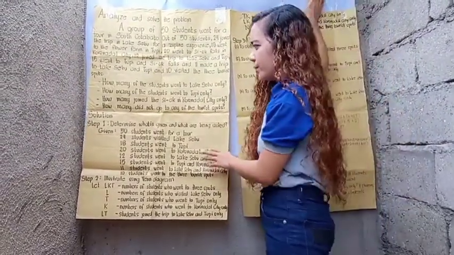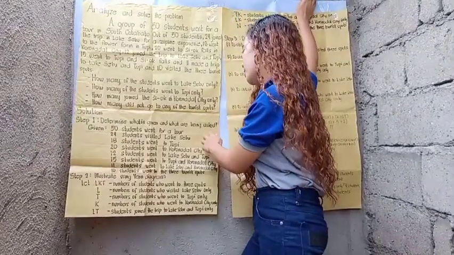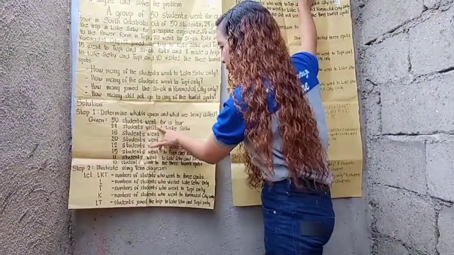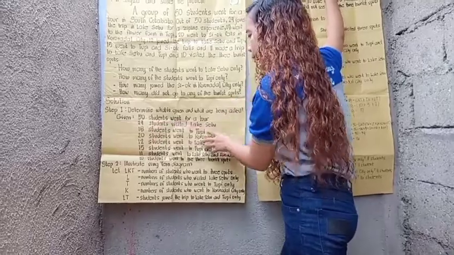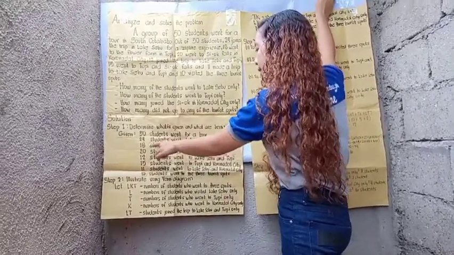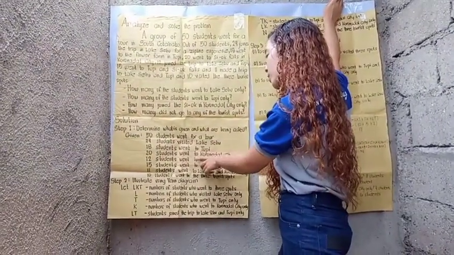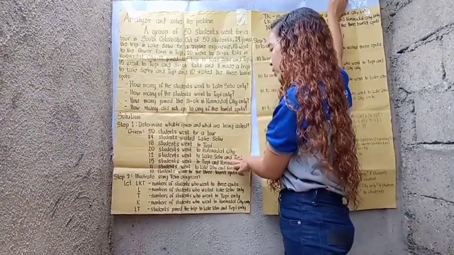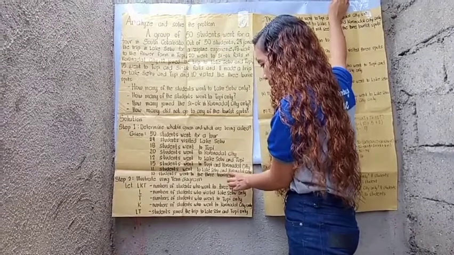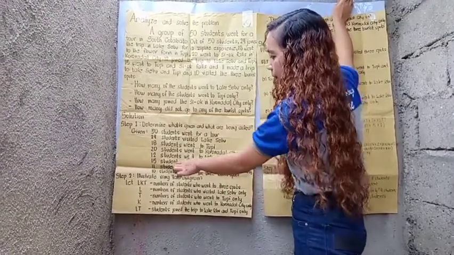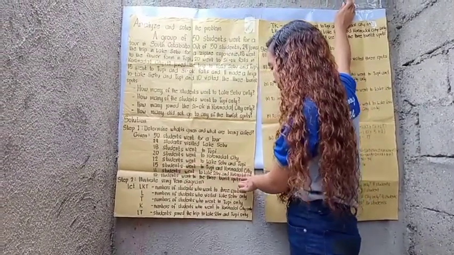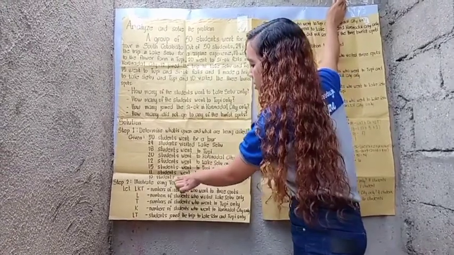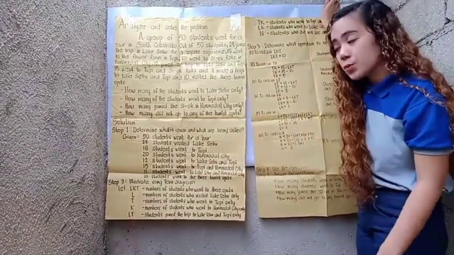So step 1, determine what is given and what are asked. So yun na nga, 50 students went for a tour, 24 for the Lake Cebu, 18 in the Tupay, 20 students who went to Coronadal City, 12 students who went to Lake Cebu and Tupay, 15 students who went to Tupay and Coronadal City, 11 students who went to Lake Cebu and Coronadal City, and then 10 students who went to the 3 tourist spots.